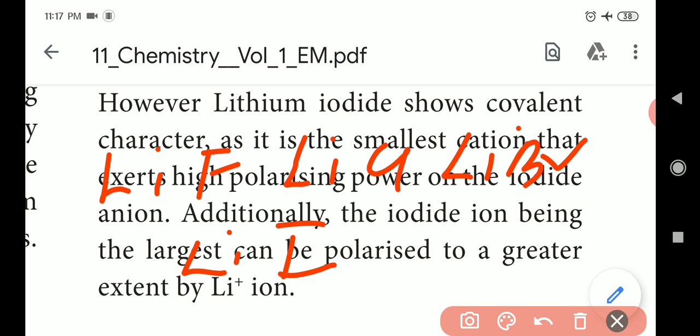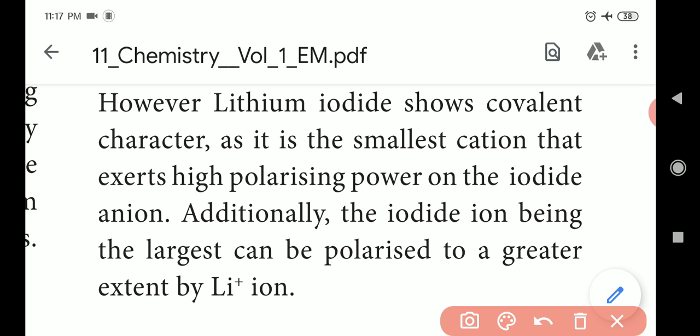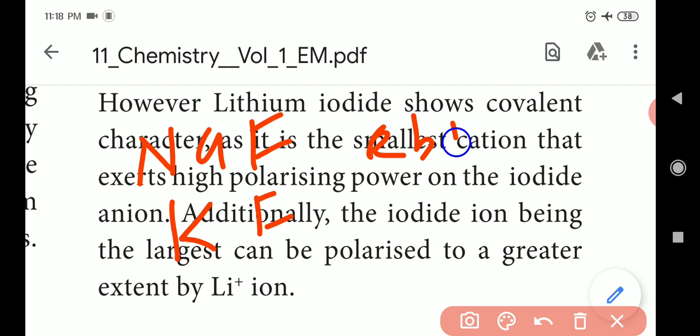Listen carefully. Next we discuss lithium fluoride, sodium fluoride, potassium fluoride, rubidium fluoride, and cesium fluoride. Which one has the most ionic character?